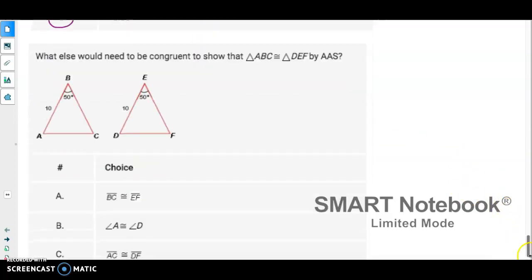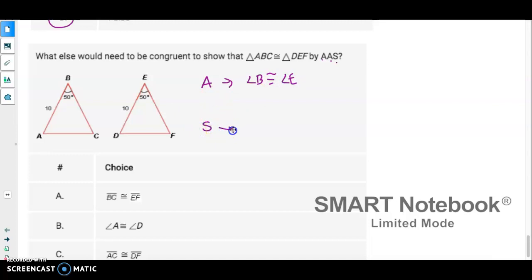The last one here that I was going to talk about is what else would we need to show that this is congruent by angle, angle, side. So right now we have that our first angle, angle B, is congruent to angle E. And we also have a side.